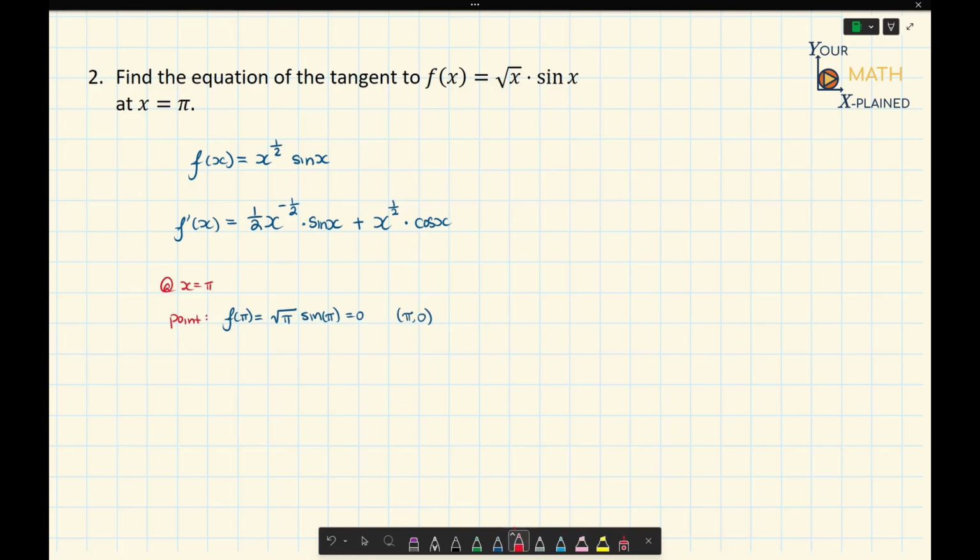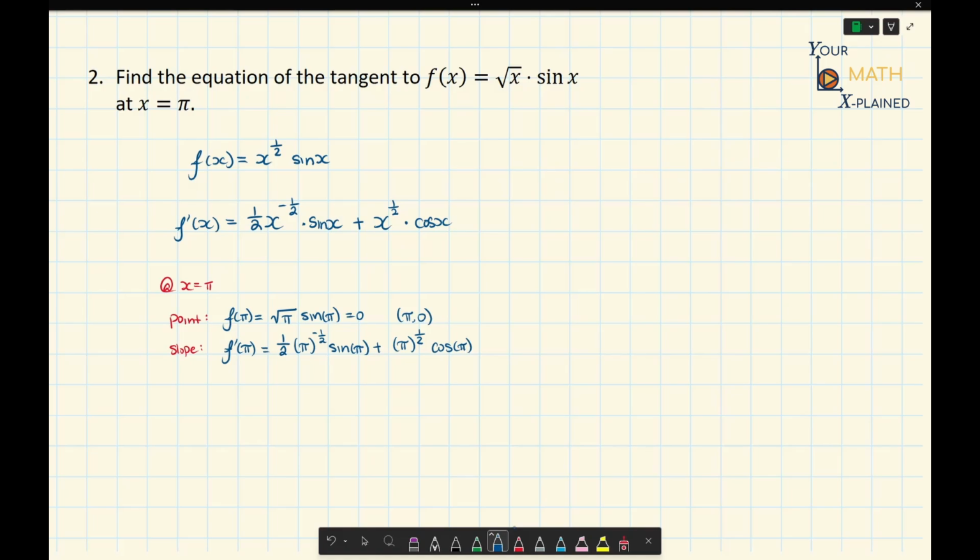Now the other piece of information that we need is the slope. And to find the slope, we substitute in x is equal to pi into our f prime of x. So we get f prime of pi is equal to 1/2 of pi to the power of negative 1/2 times sine of pi plus pi to the power of 1/2 multiplied by cosine of pi.